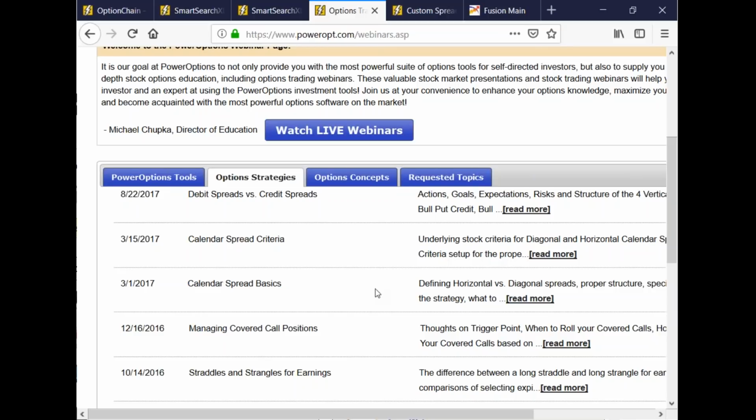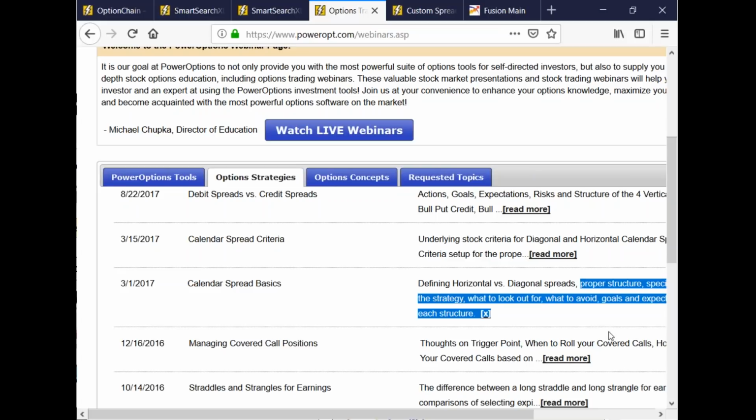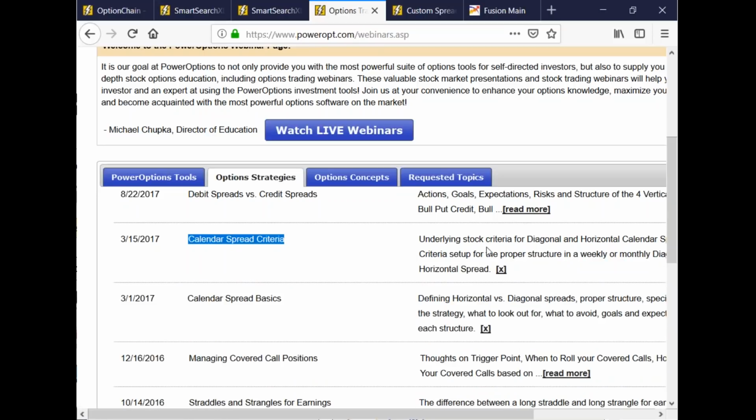But here, we discussed the calendar spread basics, defining horizontal versus diagonals, proper structure, what to look out for, what to avoid, goals and expectations. And then the calendar spread criteria, where we talk about looking across stocks as opposed to one single stock, but the criteria I would use discussed in here for diagonals and horizontals would apply even if I was just looking at one stock at a time, as opposed to looking across the universe to find diagonal spreads that match my criteria for what I use in my portfolio.